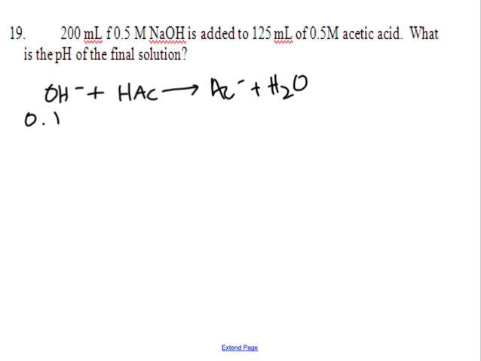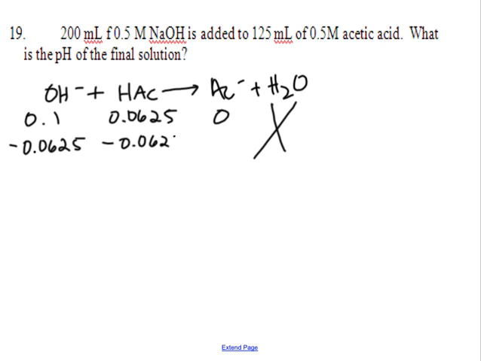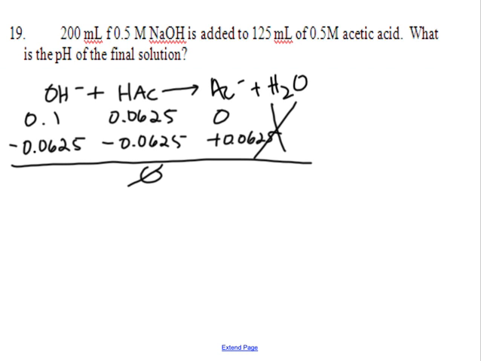HAC is 0.5 times 0.125, 0.0625, and we don't have any of this yet. So how much are we going to lose this time? It looks like our HAC is our limiting reagent this time. We have OH minus in excess. So we have none of this left over.